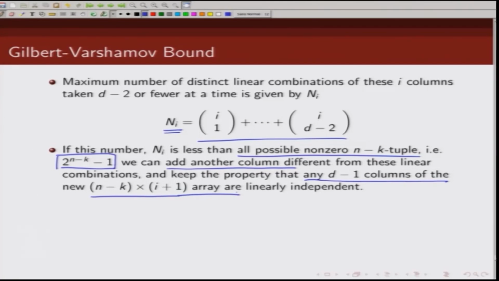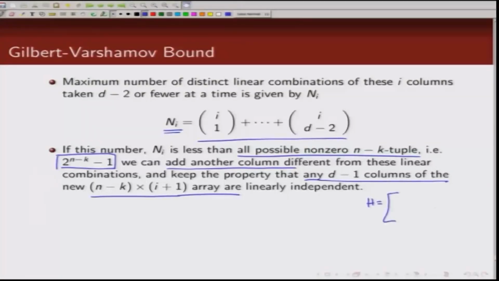Now, we have to ensure that this property holds for all i up to n, because when we are constructing the parity check matrix, we have to construct a total of n columns. So, this property that I mentioned here should hold for i equal to n.